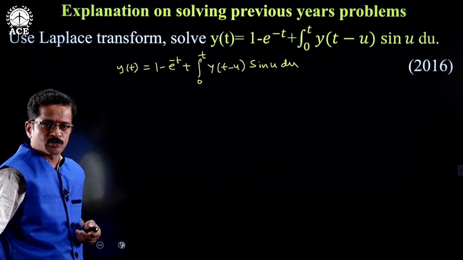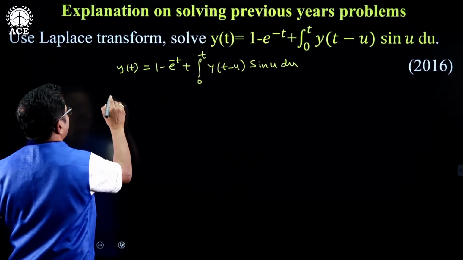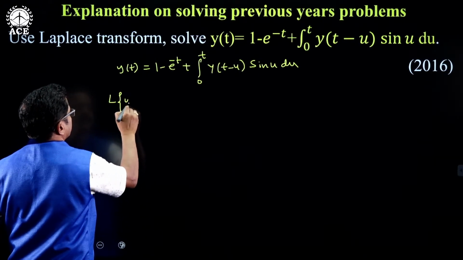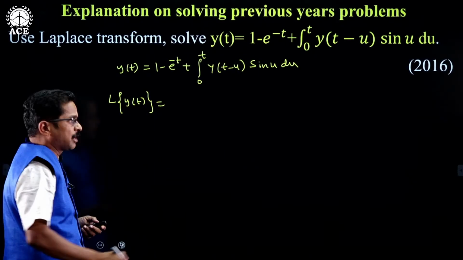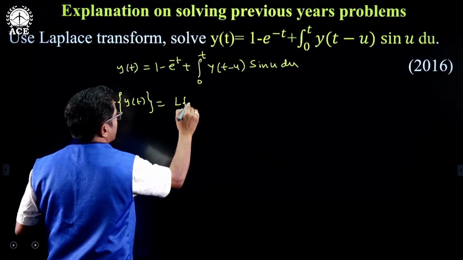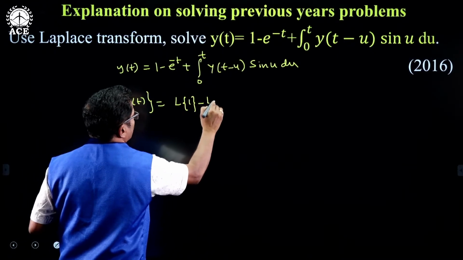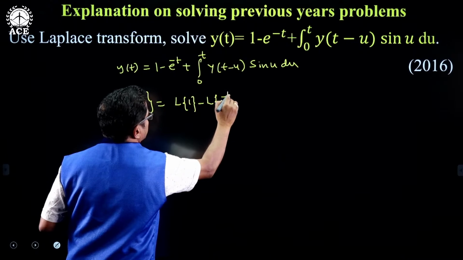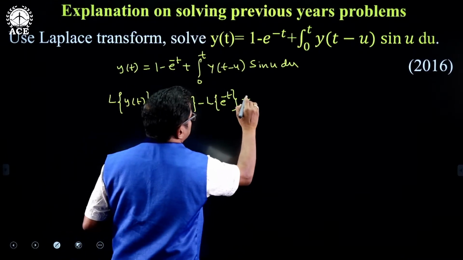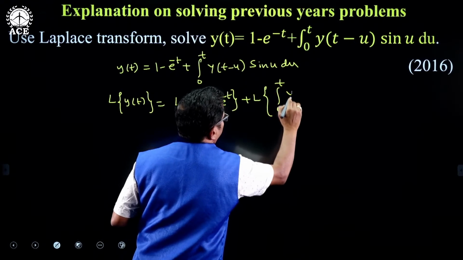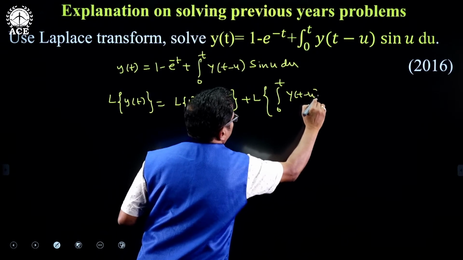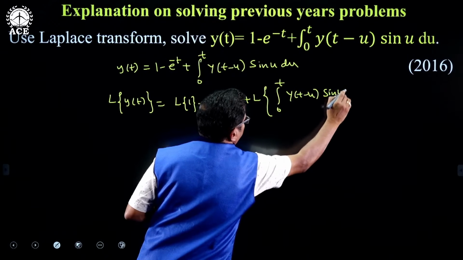Now take Laplace transform on both sides. Then L of y of t is equal to L of 1. For individual terms, I will take Laplace transform as per the linearity property, plus L of integration 0 to t y of (t minus u) into sin u du.